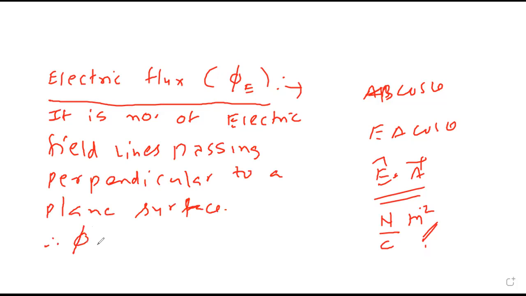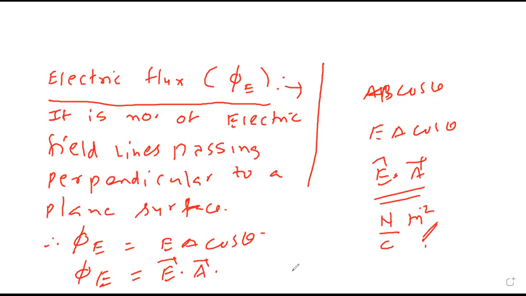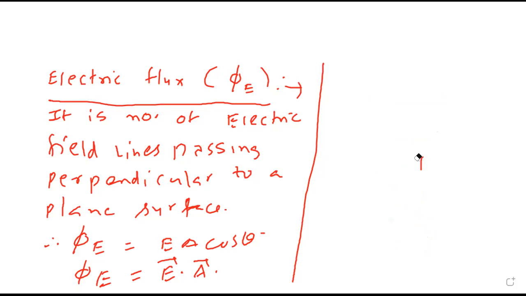Therefore, phi E equals EA cos theta, which is E bar dot A bar. Number of electric field lines passing perpendicular to the plane surface is called electric flux. It is given by phi E equals EA cos theta, which is E bar dot A bar.